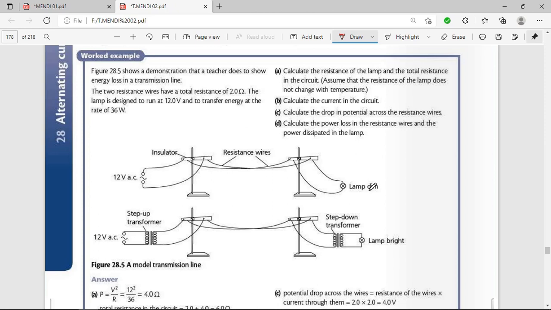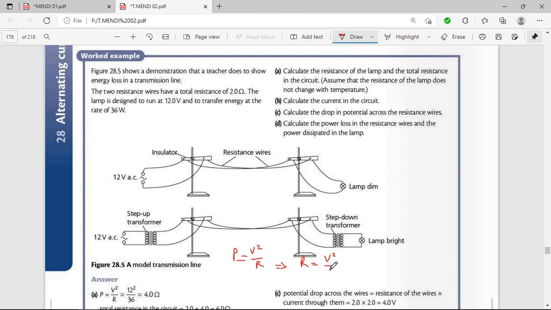Resistance is given by, if you use the formula power is equal to V squared over R, and if we make R the subject, we are going to see that the resistance of the lamp will be R is equal to the voltage squared divided by power.